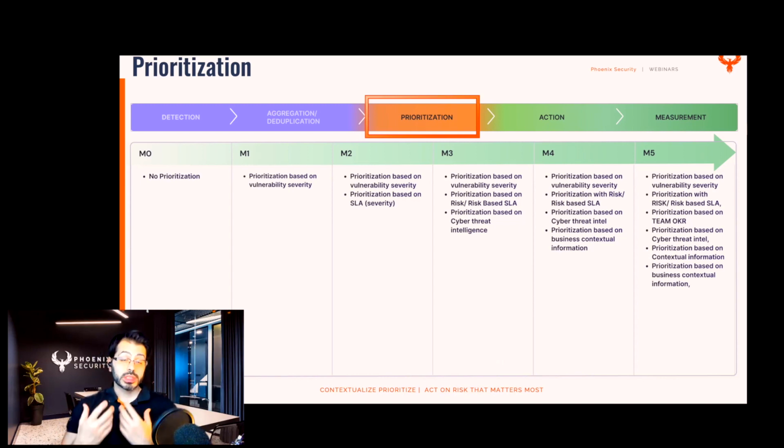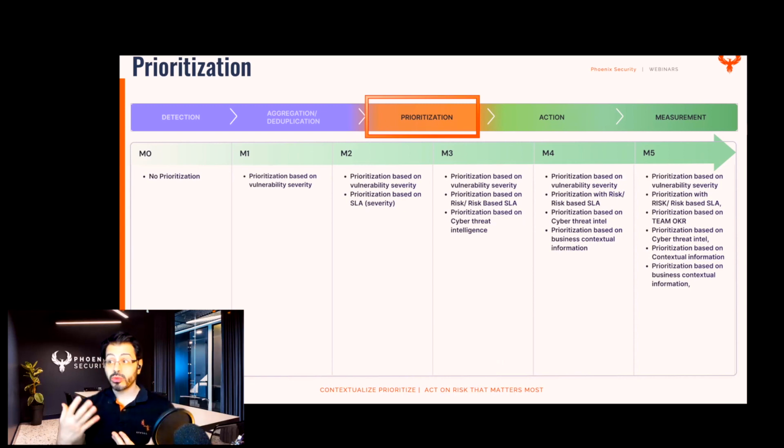One on a system that is externally exposed is very, very different from one on a system that is internally exposed. So you need a system like Phoenix Security or other open source or non-open source system to look at really where those assets are and what vulnerabilities affect those assets.